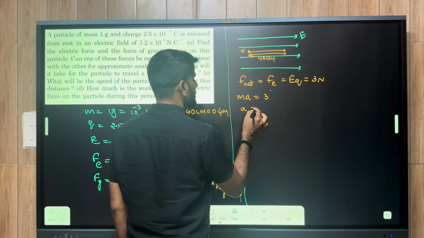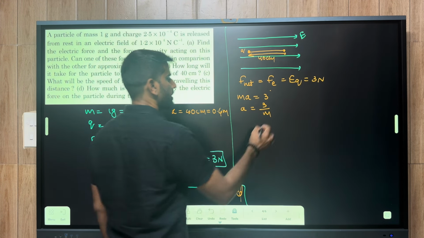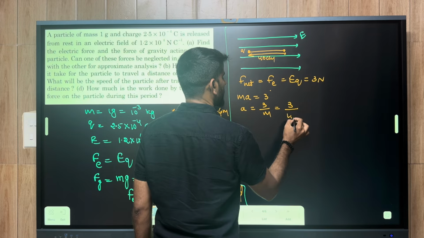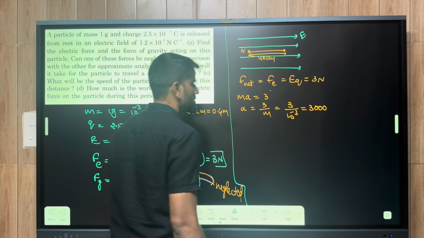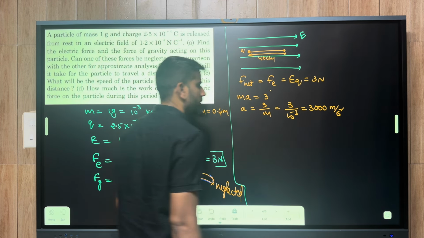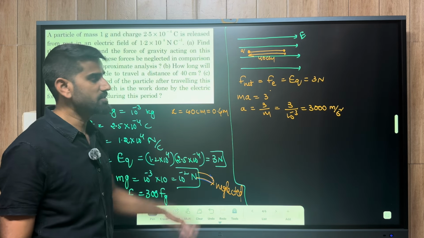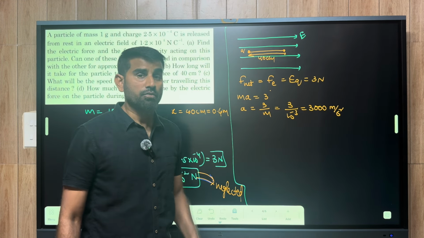Acceleration a is equal to 3 by the mass of the charged particle. And we know the mass value. 3 by 10 to the minus 3, which is equal to 3000 meter per second square. This is the acceleration of the particle, which is uniform, as you can see.